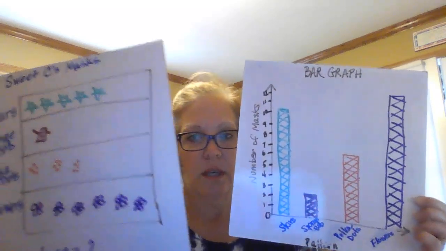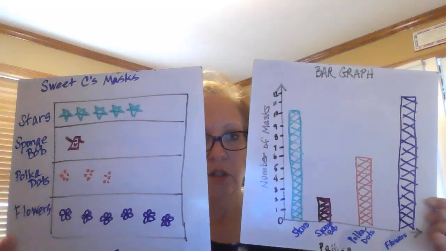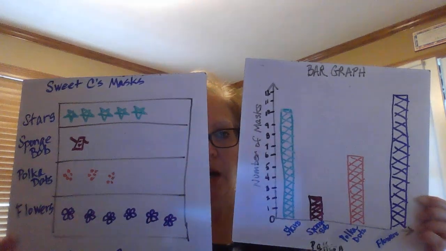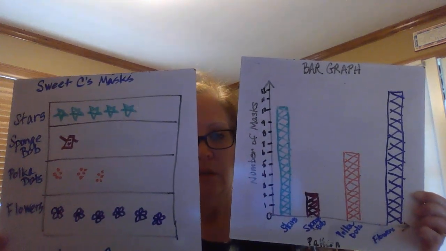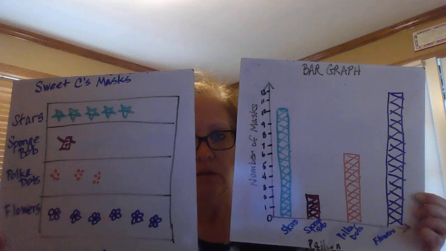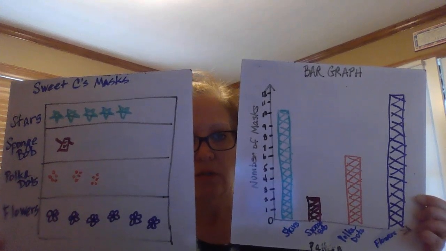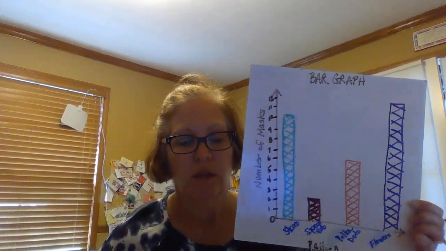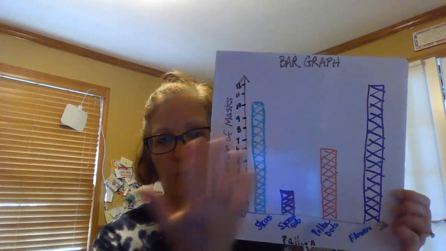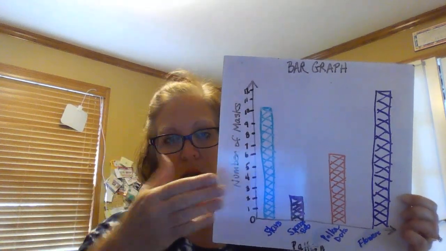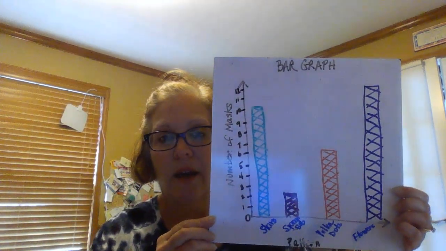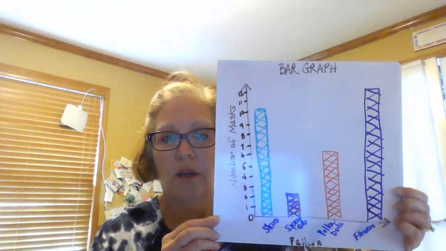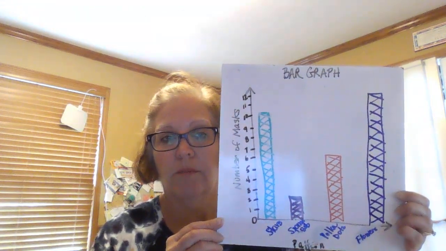So you can see that illustrated with the picture graph, and then you can turn that into a bar graph. The same information, but you can see the data spread out that way. You can see with your data how much or how little production was done, okay?